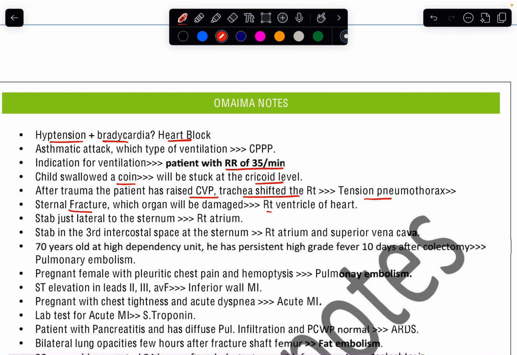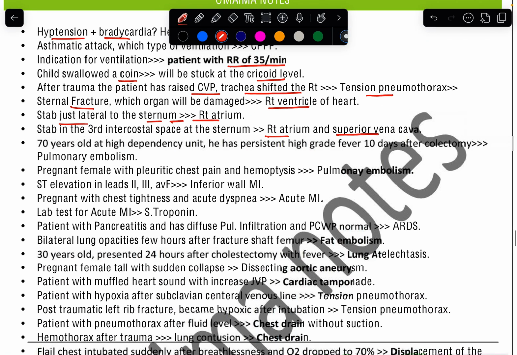Sternal fracture, organ damage, right ventricle; stab lateral to sternum, right atrium. So this is on the right side, above sternal angle, stab at third intercostal space at the sternum: right atrium, superior vena cava.